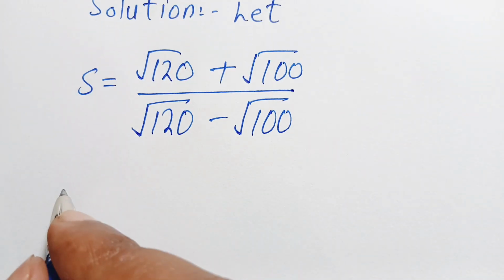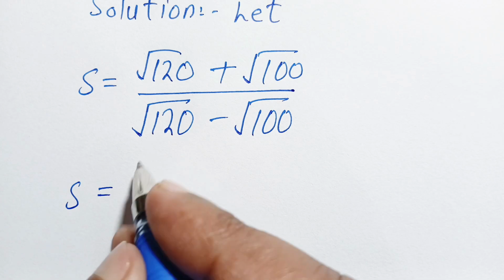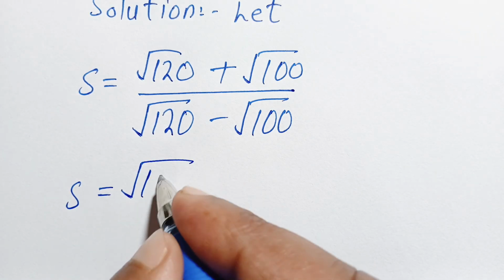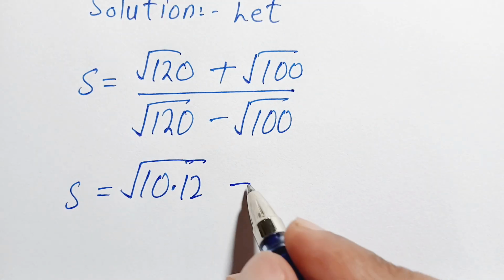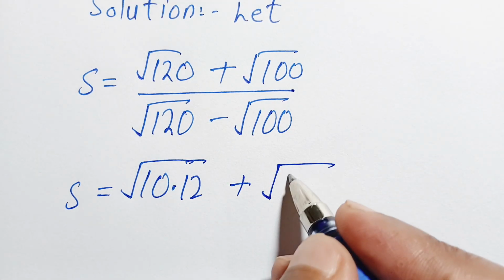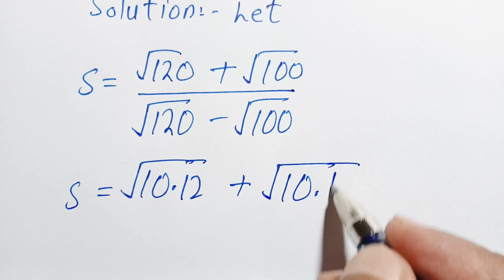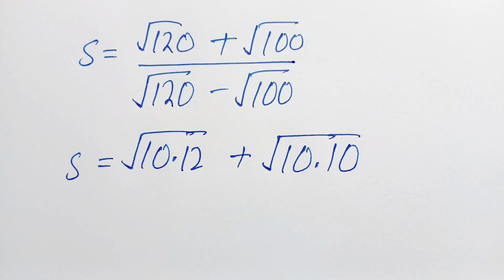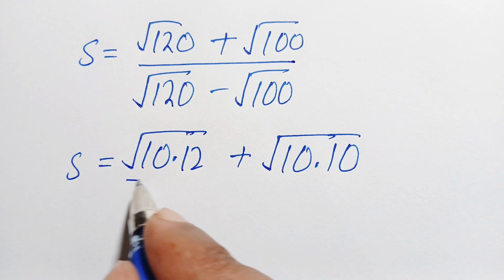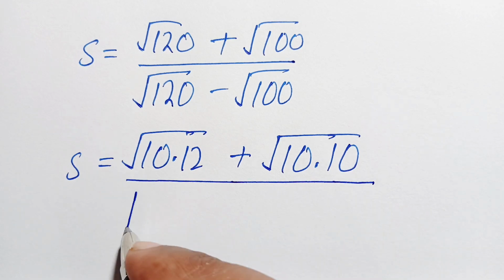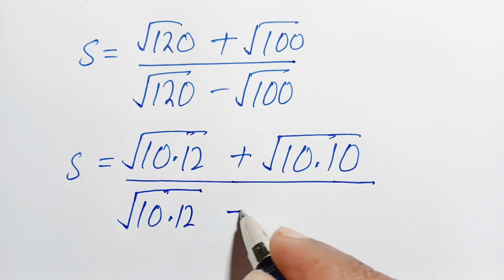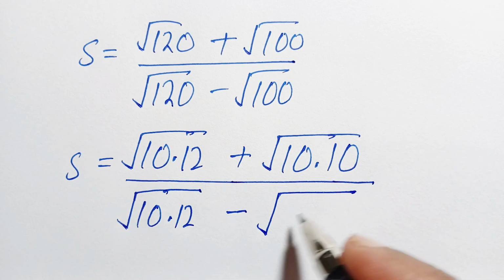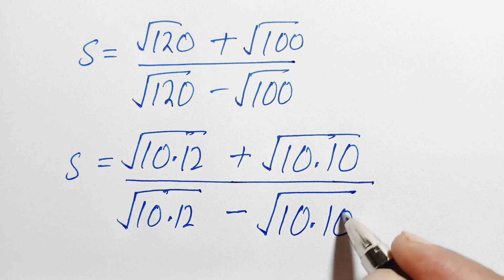Now S equals, we can write this as 10 times 12, which is 120, plus 10 times 10, divided by 10 times 12 minus, we can write this as 10 times 10.